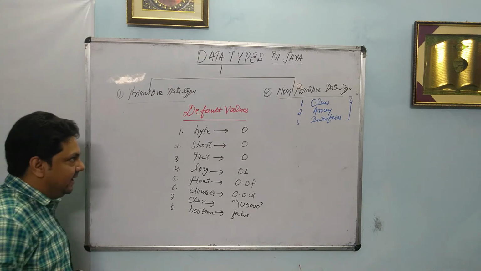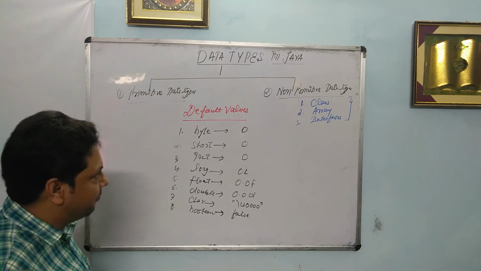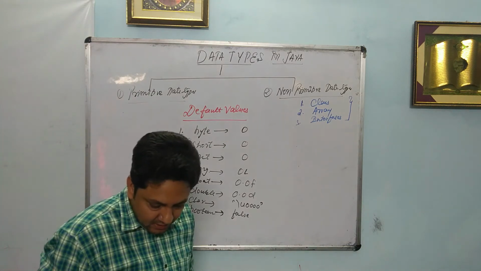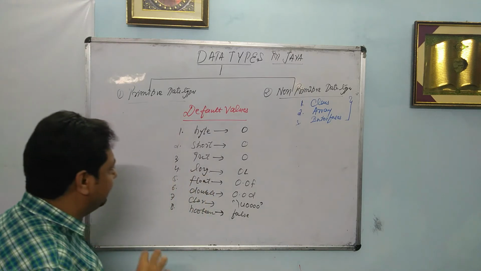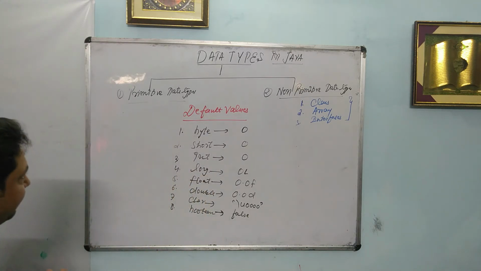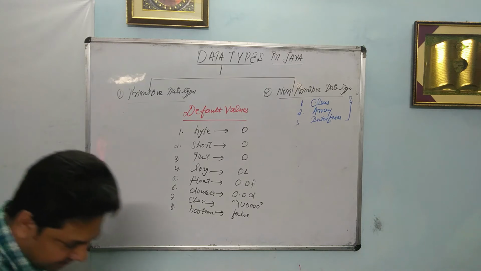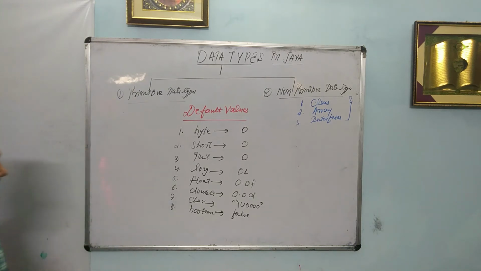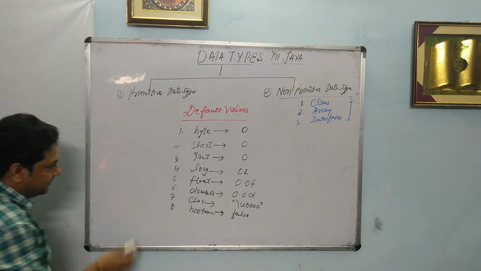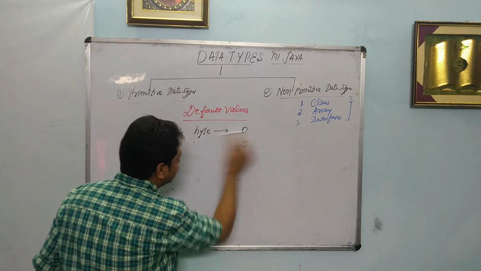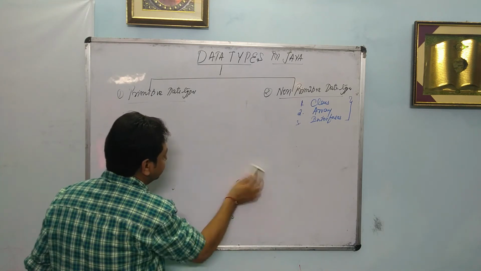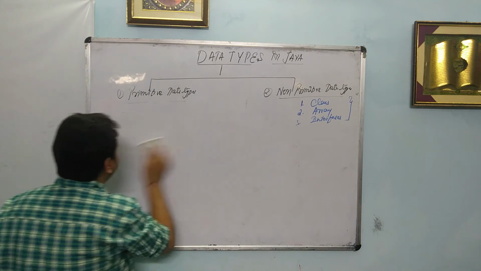Okay. Now the next point is, what is the minimum and the maximum range of the primitive data types? Okay. You can write down. Ranges.